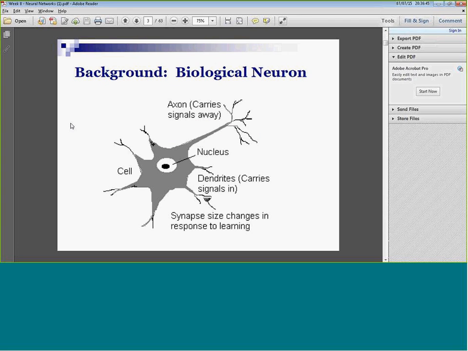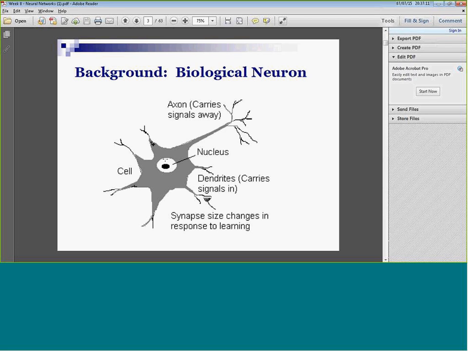We have about 100 billion neurons in our body. Well, we don't really understand everything about them, but our biological neurons are essentially on-off switches. Now, what makes them interesting is that there's a lot of inputs. We call the inputs dendrites. They're carrying in signals.